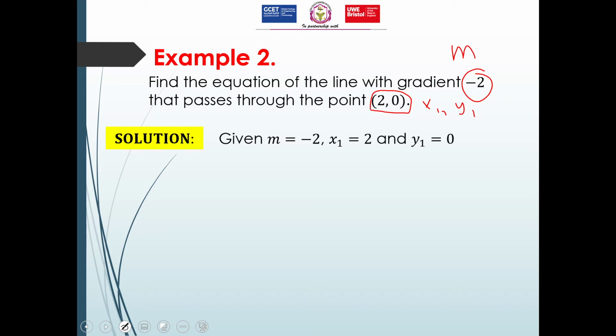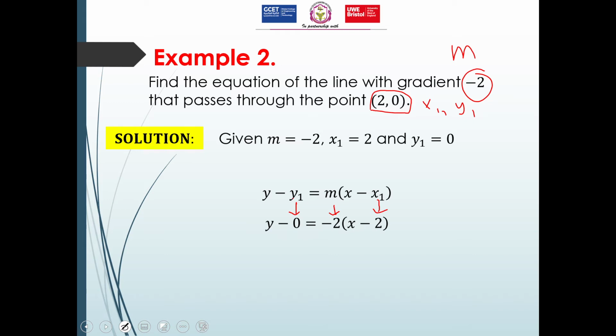In this case, we have a gradient and 1 point, so you will use this formula. Putting the values, y1 is 0, m is minus 2, x1 is 2.